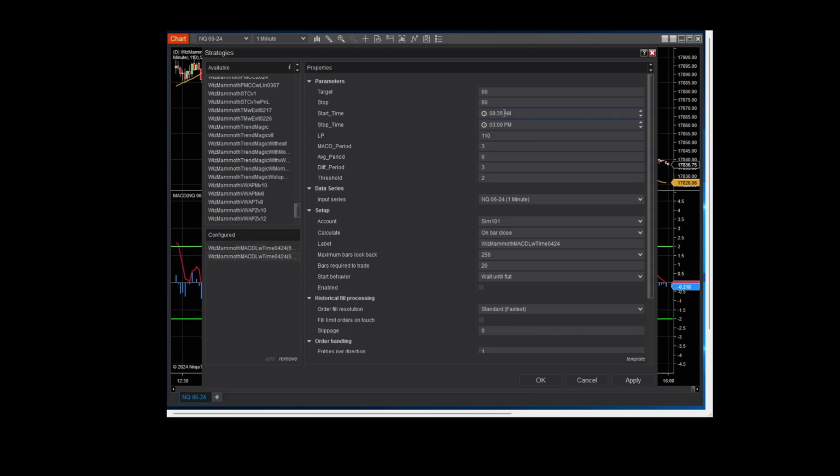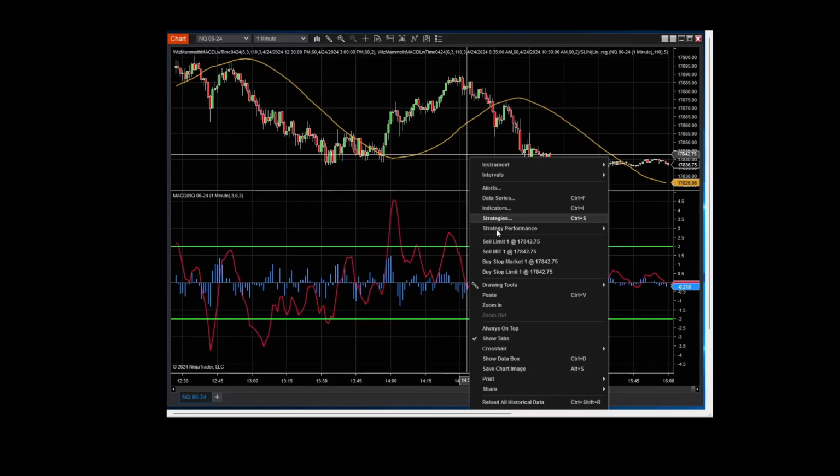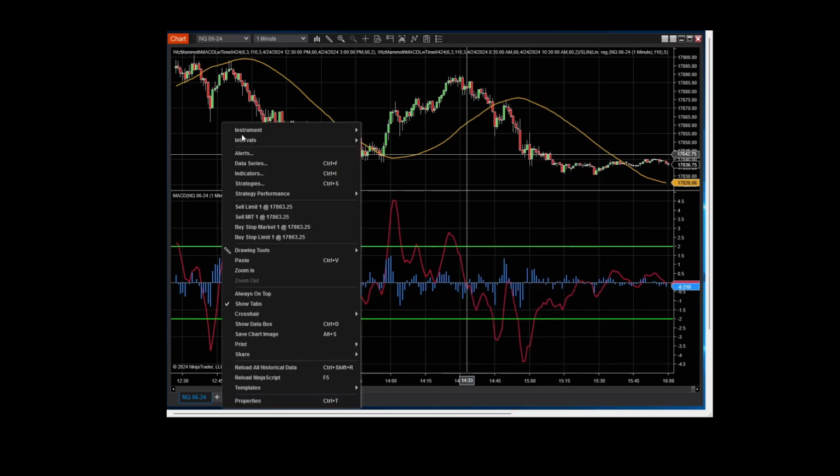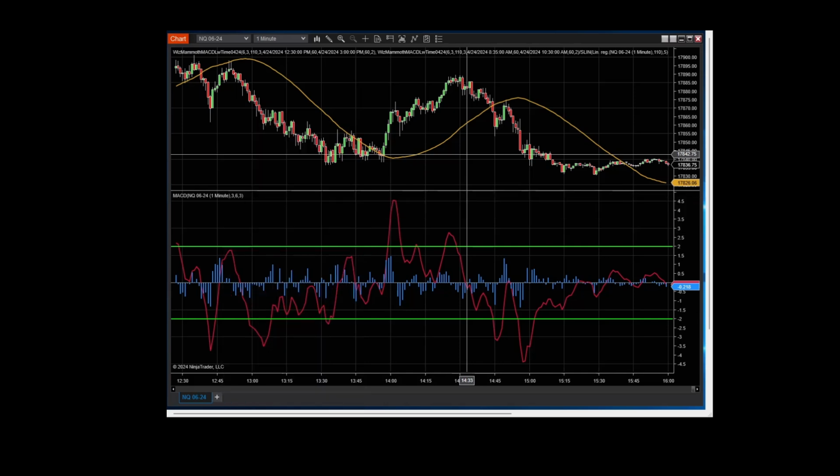And the second is you want to do 12:30 p.m. to 3 p.m., right? Then you run these two strategies, and you look at this one's from 12:30 to 3 p.m.